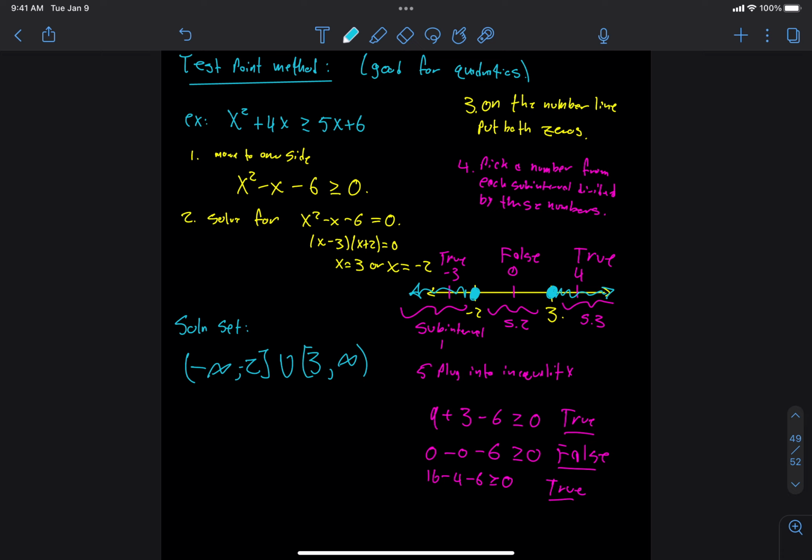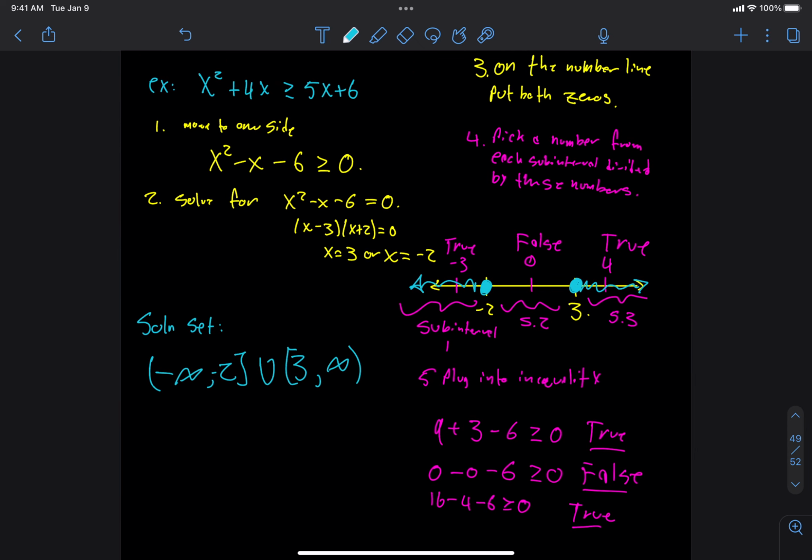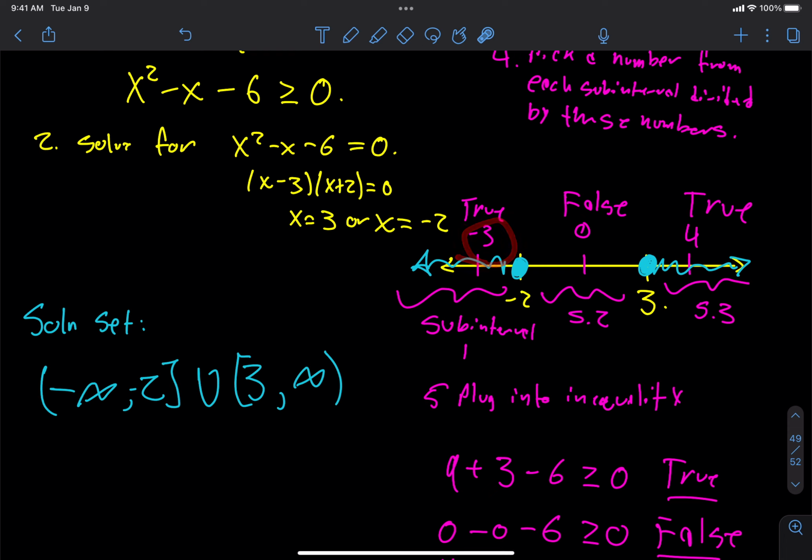Where did you get the -3 and the 4 on the number line? The question is, where did these numbers come from? -3 and 0 and 4. The reason that I picked those numbers, I picked them essentially at random.